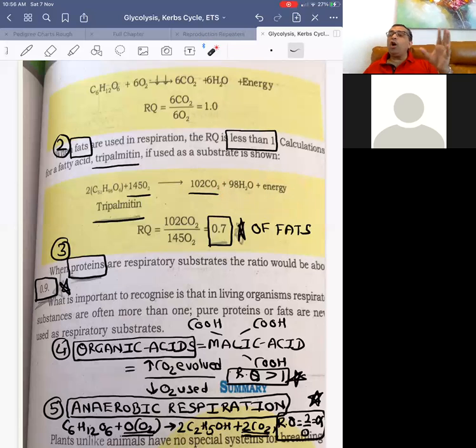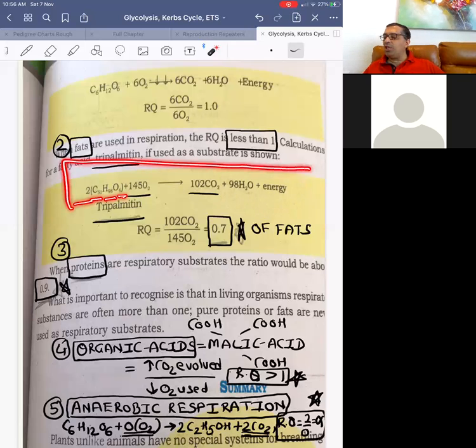This is a very complex reaction. So 2 molecules of fat, C51H98O6, utilize 145 oxygen and give out 102 carbon dioxide plus 98 water and energy.